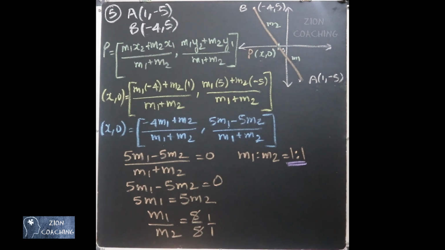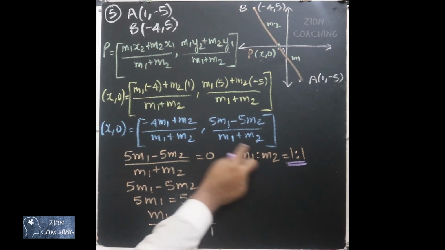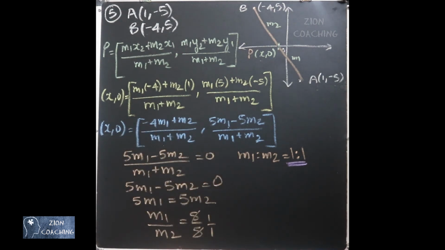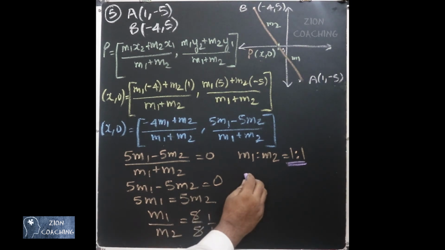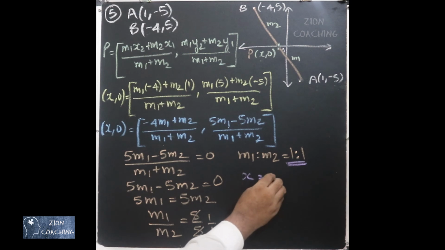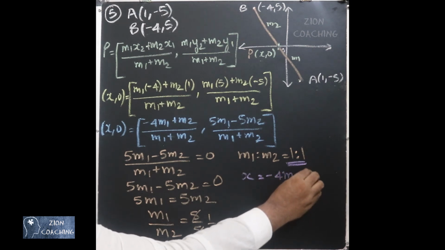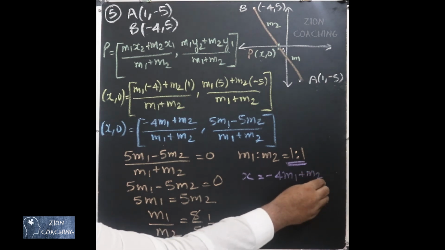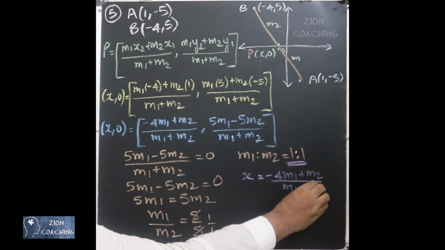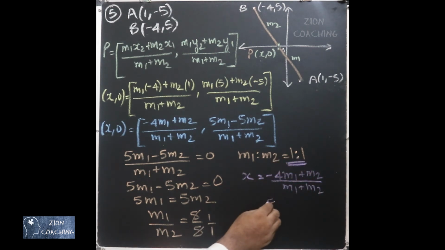Now we are going to substitute these m1 and m2 values here and find the value of x. We have x is equal to minus 4 m1 plus m2 by m1 plus m2. Now m1 is 1 and m2 is 1, so substitute the values.